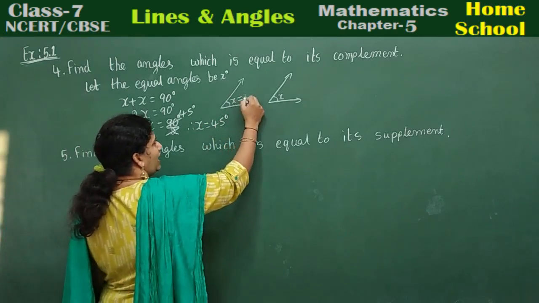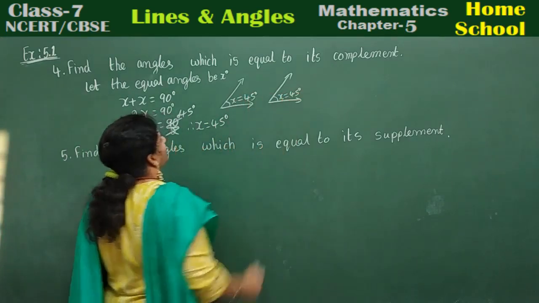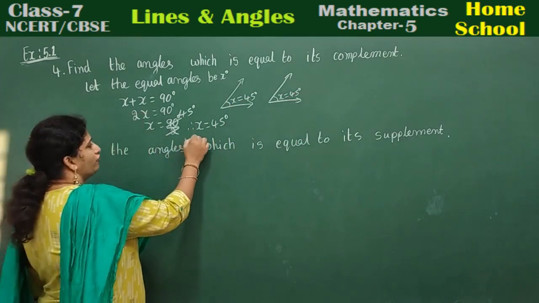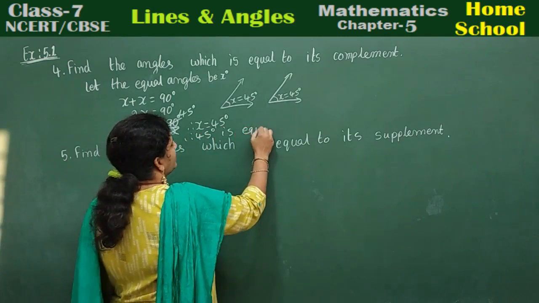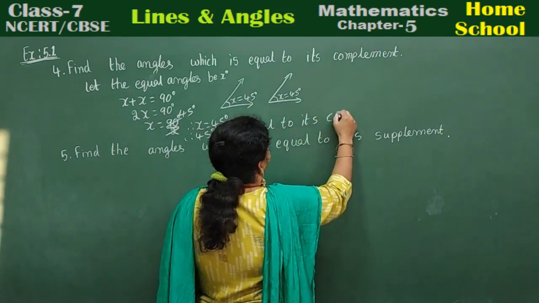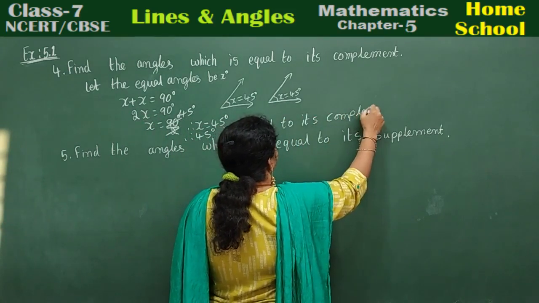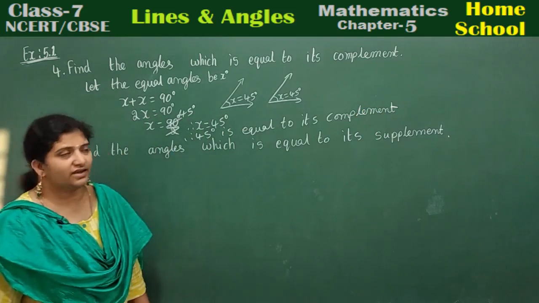What is this angle? 45 degrees. And what is this angle? 45 degrees. Right? Therefore, 45 degrees is the angle which is equal to its complement. Understand here carefully.